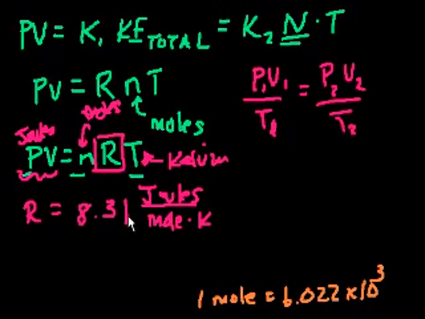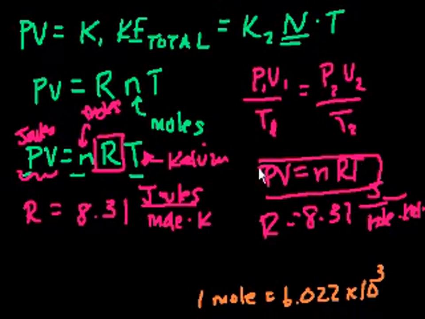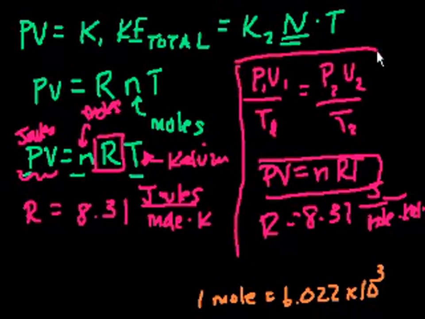And then you also need to memorize PV is equal to nRT, where R is equal to 8.31 joules per mole Kelvin. I know you might not have a lot of intuition for this formula yet because I haven't used it, but I'm going to do that in the next video. But these are literally the two most important things you should know in thermodynamics, and hopefully you have a little intuition at this point of what they mean.